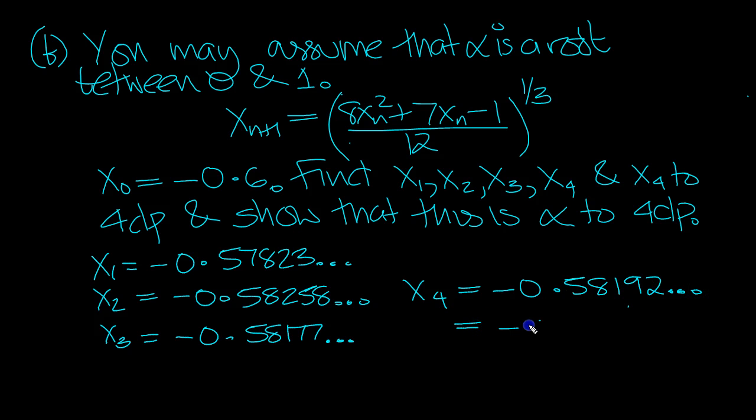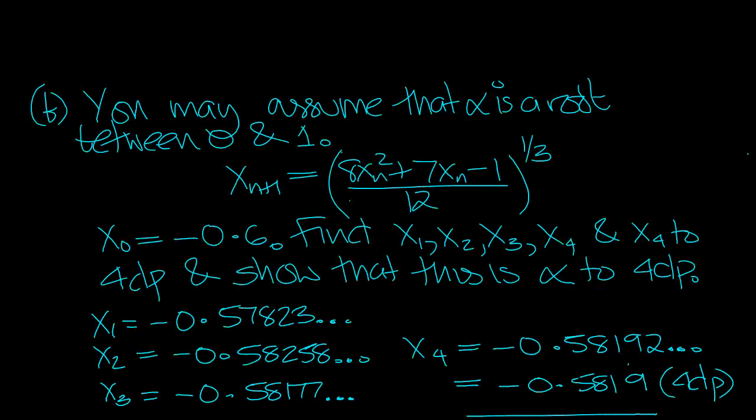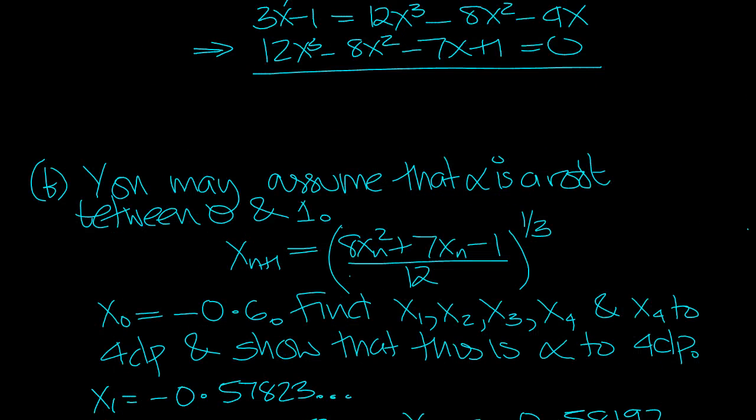And that equals minus 0.5819, doesn't it? To 4 decimal places. Okay, that's our root value for this equation above, which we can call g of x.